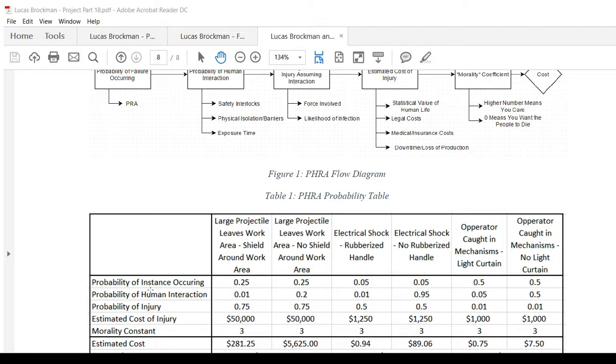So from these, we can get the estimated costs. With the shield around the work area, we get an estimated cost of $281 versus $5,625 without the shield. Similarly, the rubberized handle, 94 cents with, $90 without. Each of these, the instance with the safety system is subtracted from the instance without it, and the cost savings can then be generated.